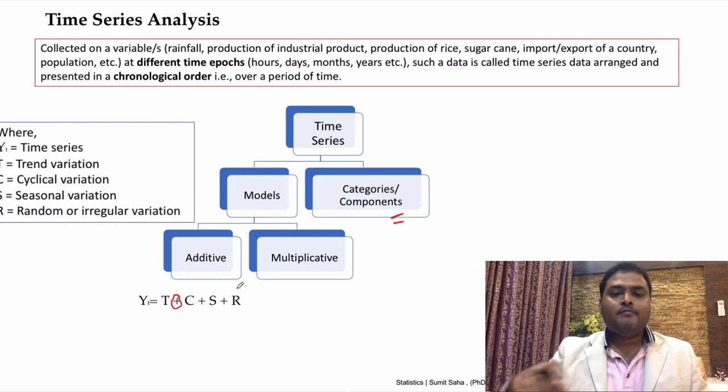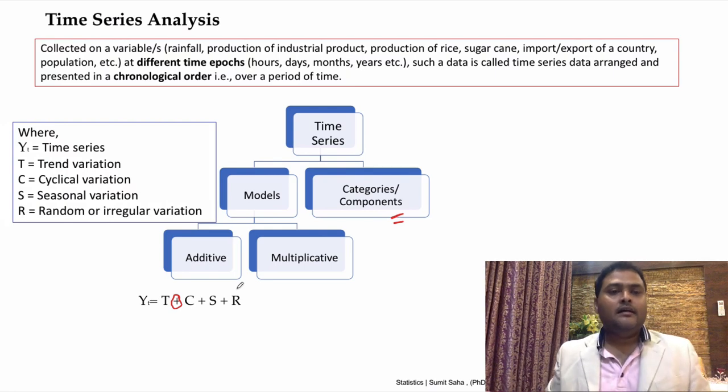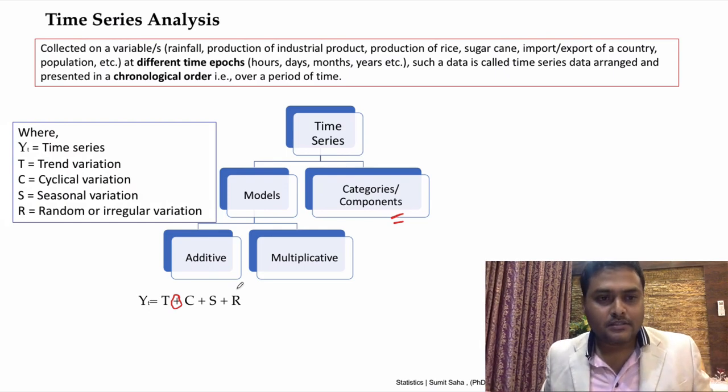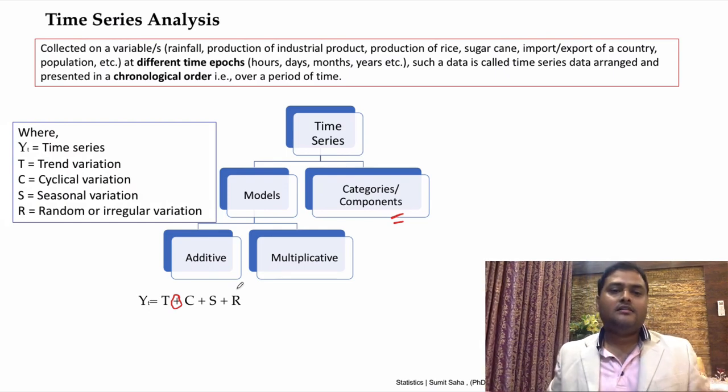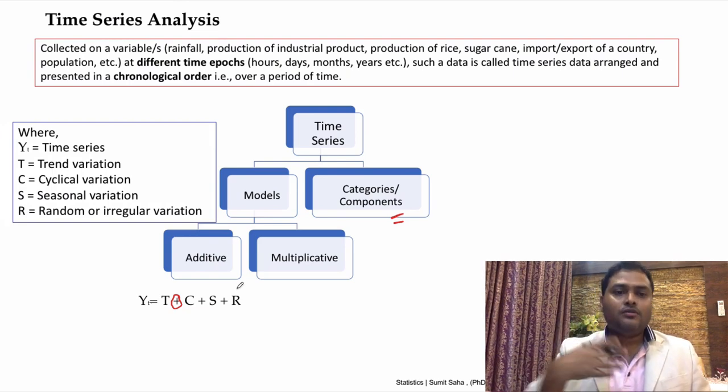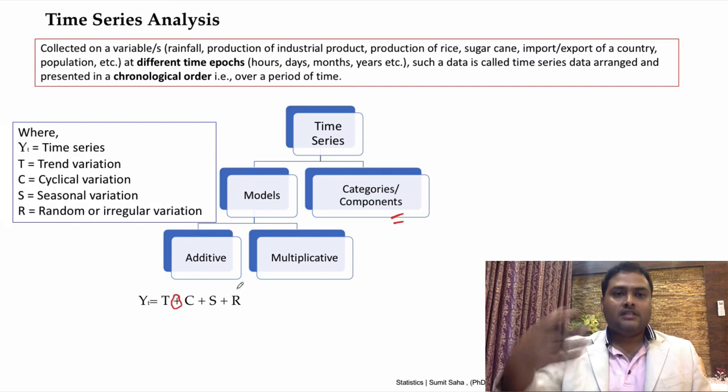But what is all this about T, C, S, R? T is trend variation, C is cyclical variation, S is seasonal variation, and R is random variation. Correct? These are the values we'll be getting based on this time series data.